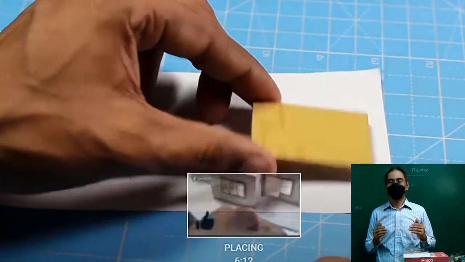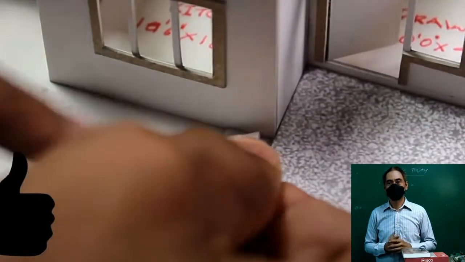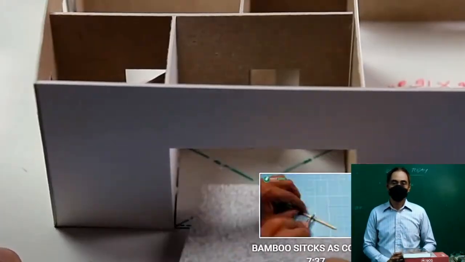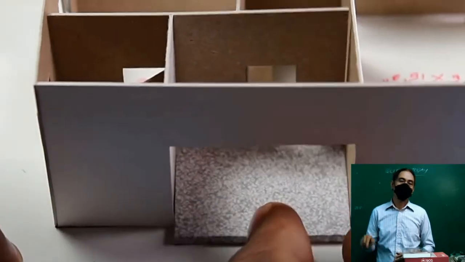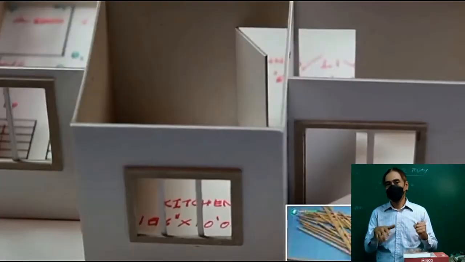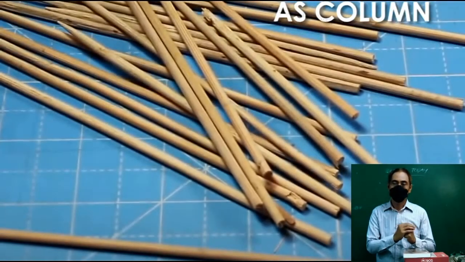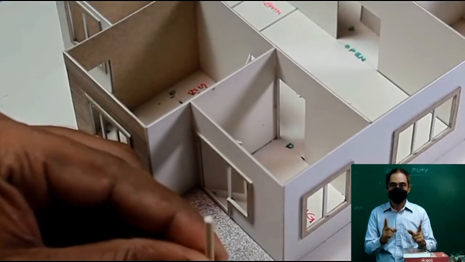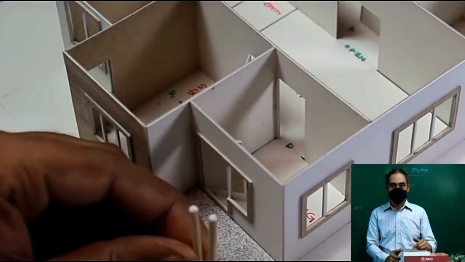In making a scaled model, you must be creative on materials to use. You can use indigenous materials available in your surroundings. Like this one, bamboo sticks can be used as columns in your miniature.